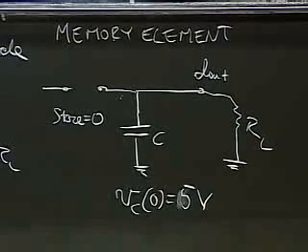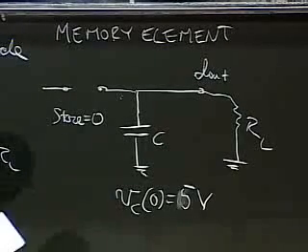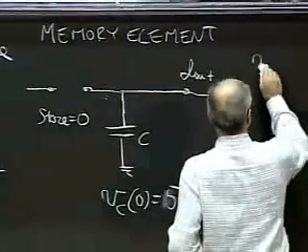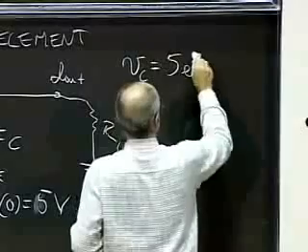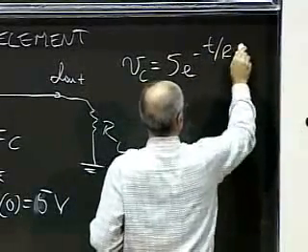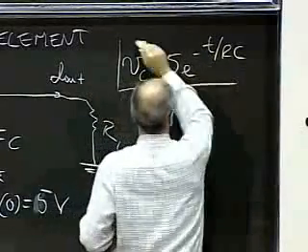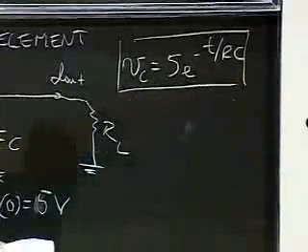Okay, so what's the response of V sub C for t greater than 0 after the switch flipped? Okay, it's very simple. VC is equal to 5 volts e to the minus t over RC, right? That's the response.